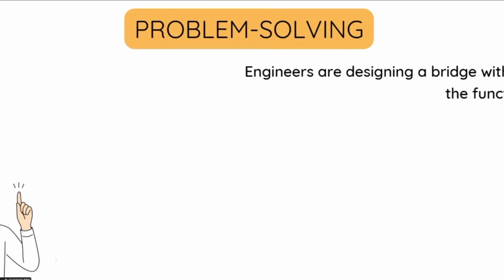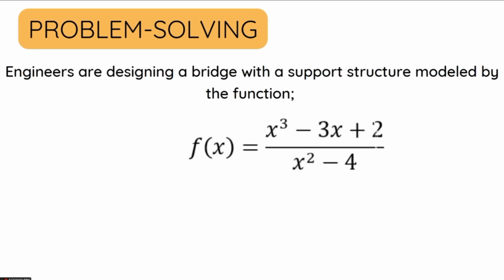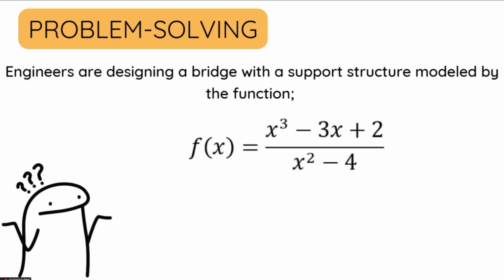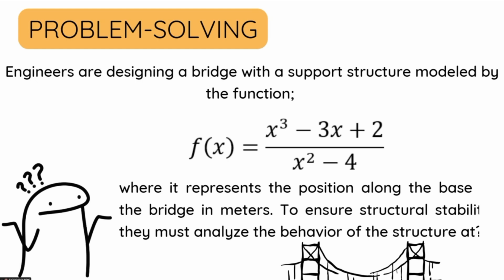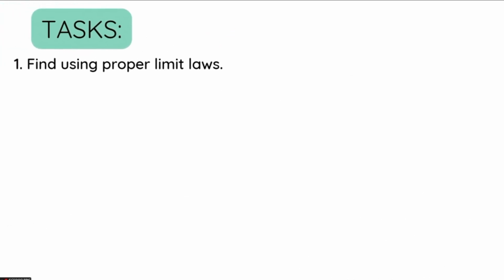Alright engineers, we've got a challenge in our hands. Imagine you're designing a bridge and you've got a support structure that's modeled by the function f of x equals x cubed minus 3x plus 2 over x squared minus 4. This function represents the position along the base of the bridge in meters. Now, your task is clear.